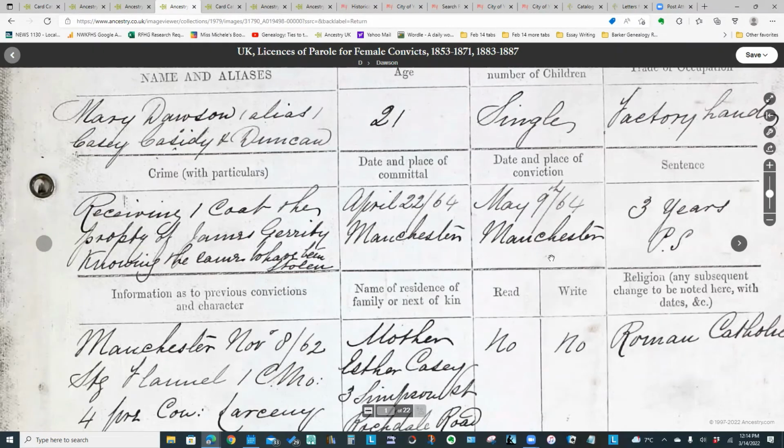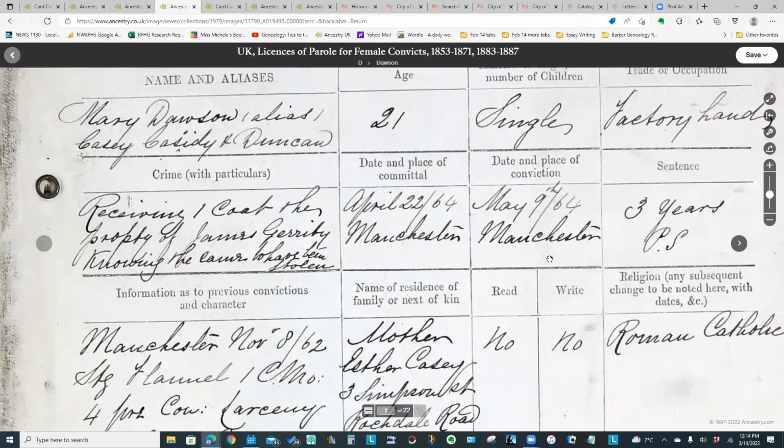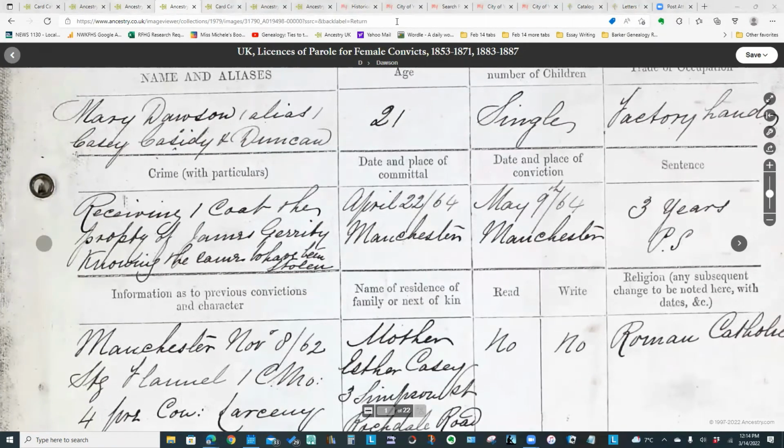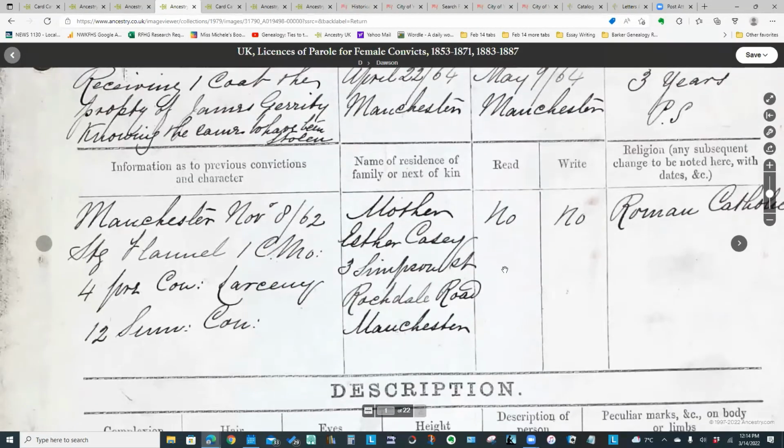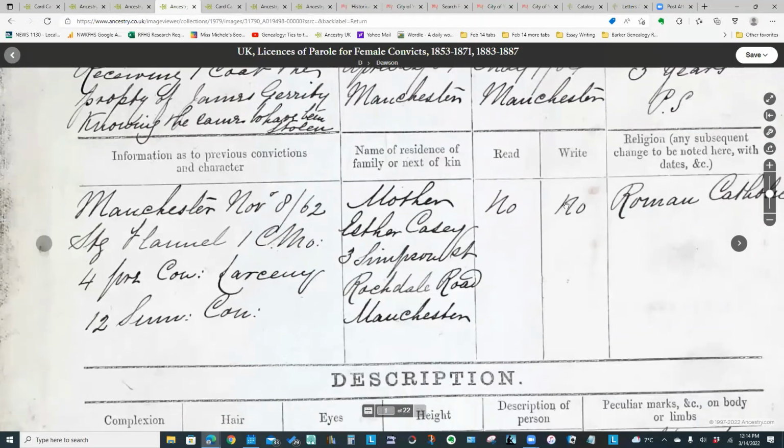So this gives fantastic information for pulling the details of her court case. We find the length of her sentence, 3 years. More importantly, it also gives her family, next of kin, and their address. We find out that she can't read or write, and her religion is Roman Catholic.